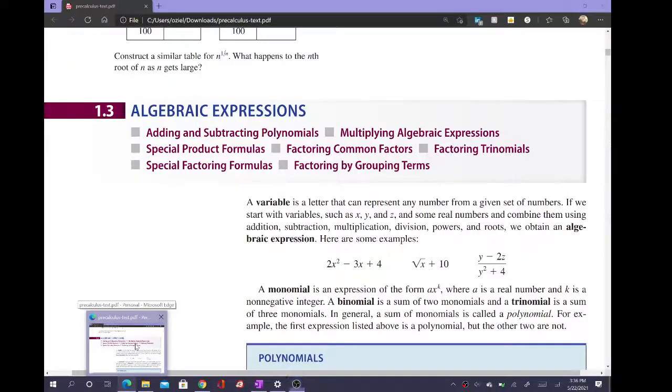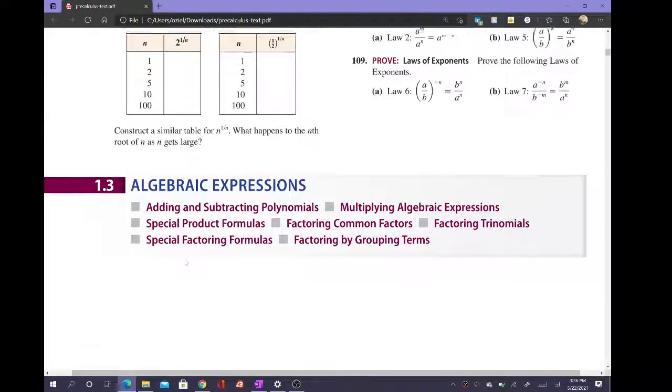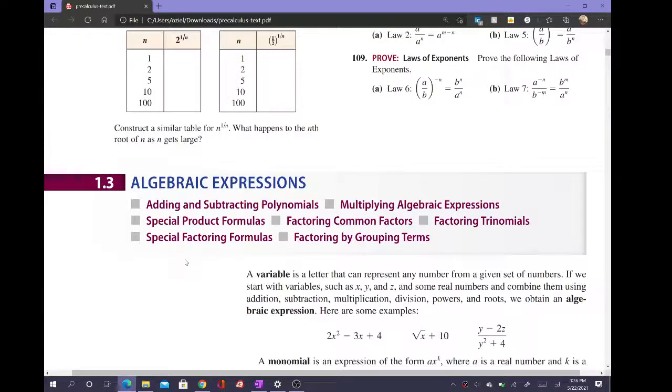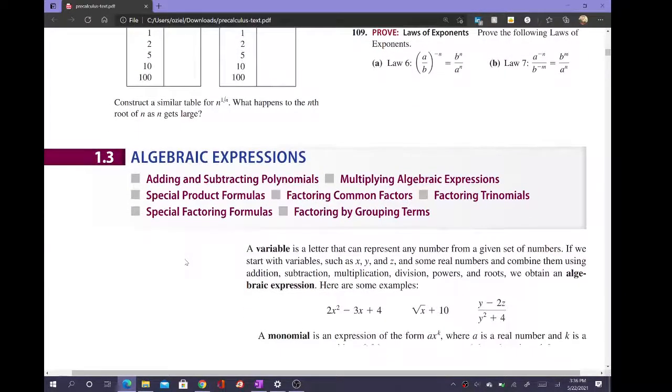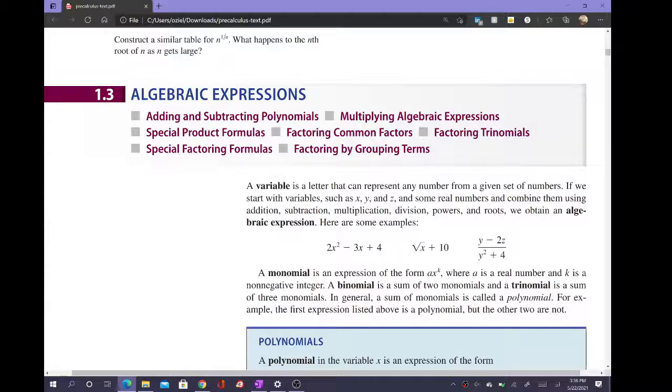Okay, so in the last section, what we just looked at was radicals and exponents. Now, in this section, we want to look at algebraic expressions, specifically adding and subtracting polynomials.